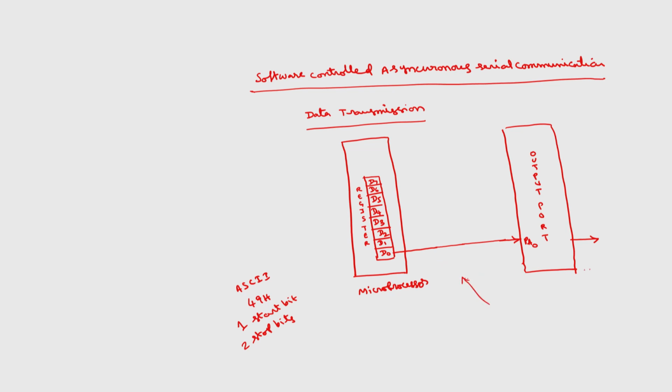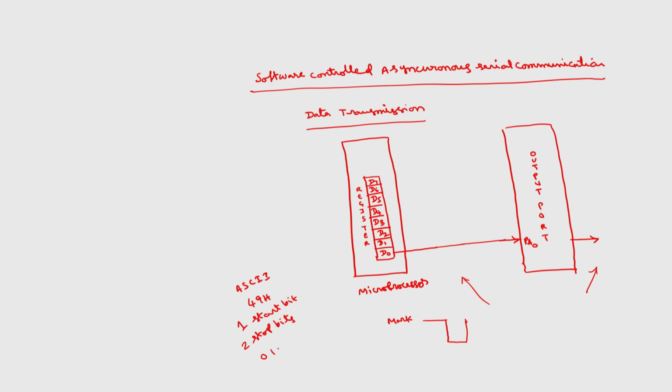Yesterday also we discussed this. Without transmission, the transmitter remains at the mark position. Then one bit position of low represents the start bit.